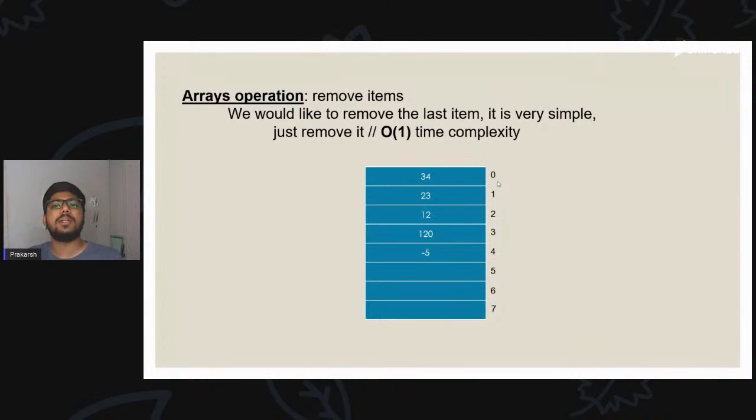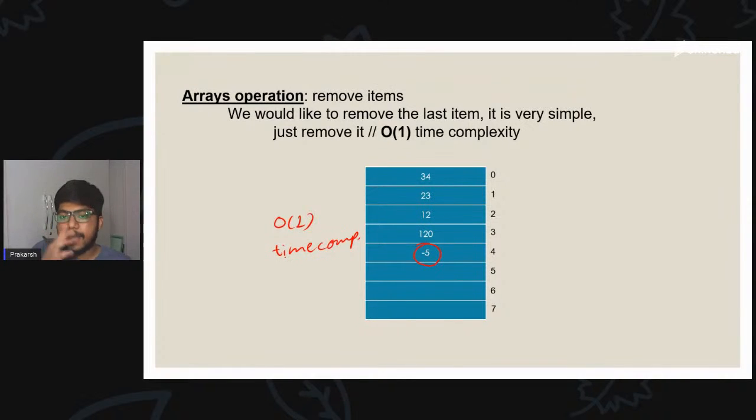Again, if you are not able to understand, I would redo this, or you can just go back and watch it again. So removing -5 would be O(1) time complexity. This operation is O(1) time complexity as explained.